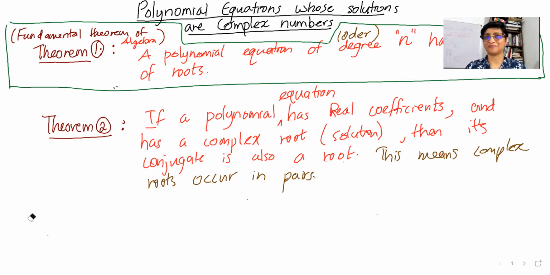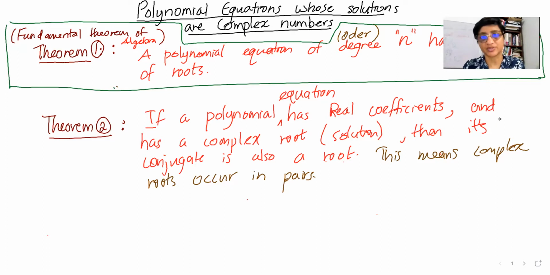Buy one, get one free. If you know one solution, the other one, automatically you know. Is 3 plus i a solution of that? Then 3 minus i would also be a solution according to this theorem. You understand? This happens only for complex roots, okay? A plus bi type roots, vanilla chocolate roots.